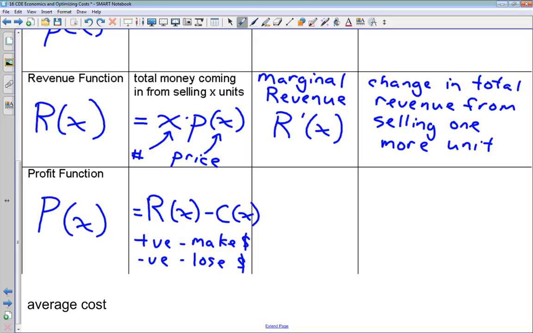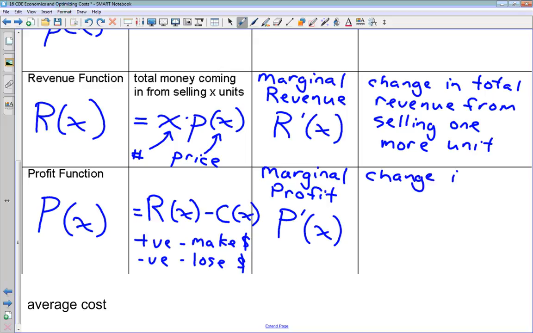If we take the derivative of our profit function, we get our marginal profit. So what does marginal profit mean? Well, it's going to be the change in our profit from producing and selling one more unit.